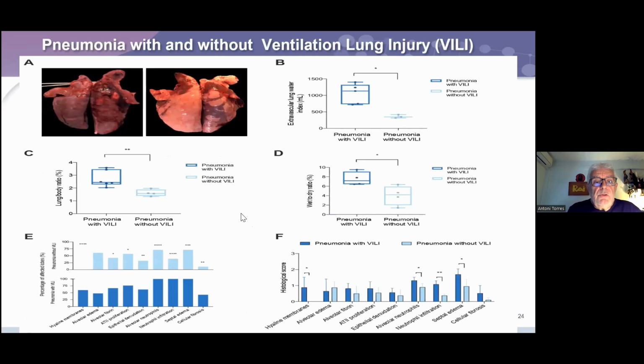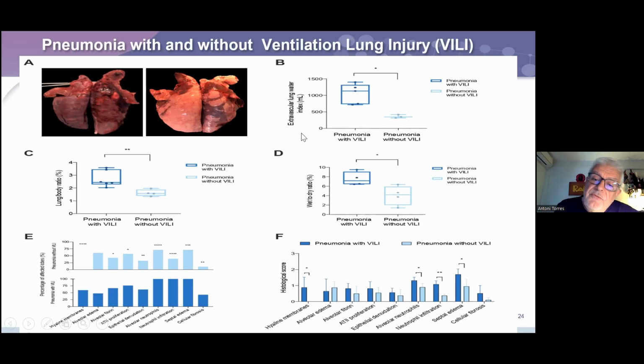And in that model, you can see that we divided the animals into pneumonia with VILI and pneumonia without VILI. So one group of animals had only the Pseudomonas aeruginosa challenge, and another had Pseudomonas aeruginosa plus VILI. You can see here that the only real elements of distress appear when we applied the combination of pneumonia with VILI.